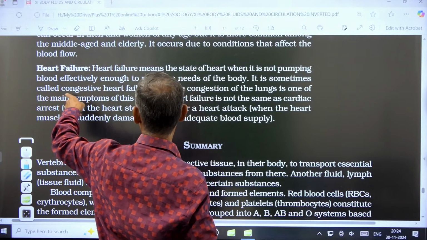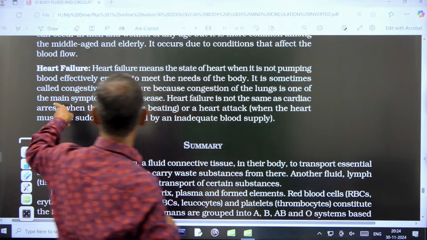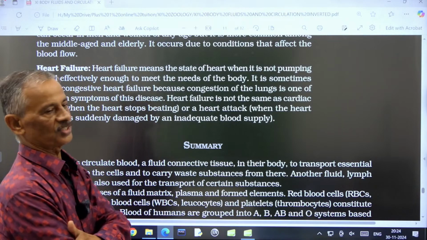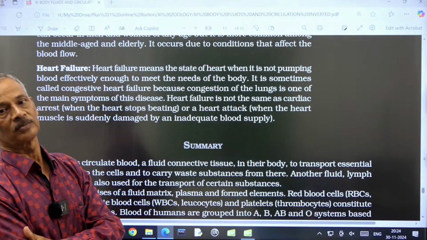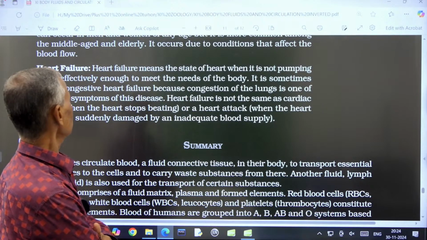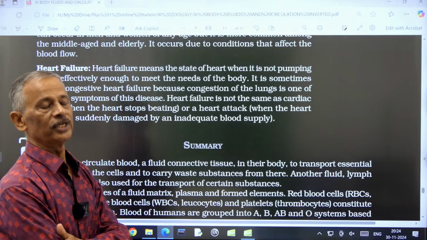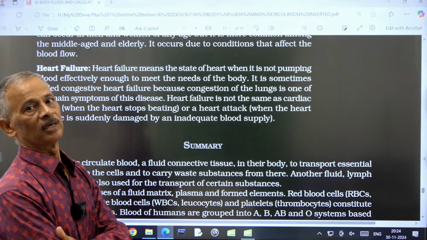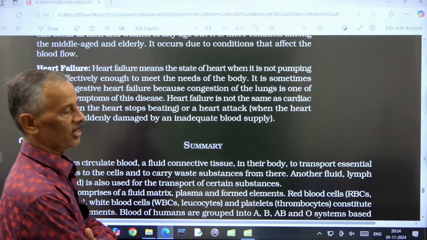It is sometimes called congestive heart failure because congestion of the lung is one of the main symptoms of this disease. That is the most important symptom. So, the heart is failing to pump sufficiently oxygenated blood to meet the demands of the body. When the heart is failing in its duty, we call it heart failure.